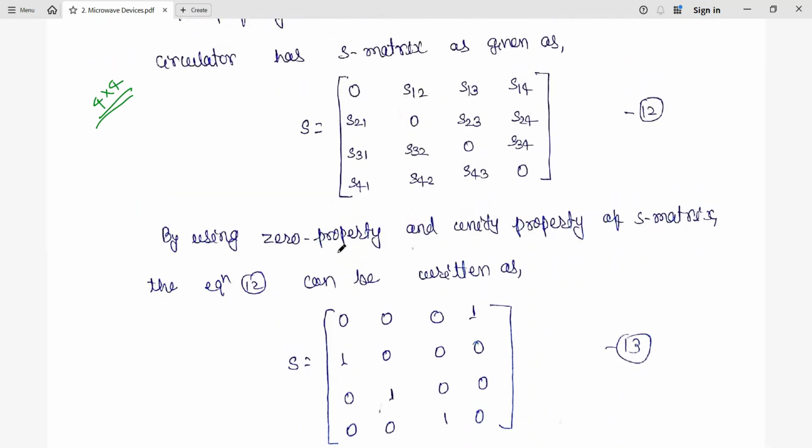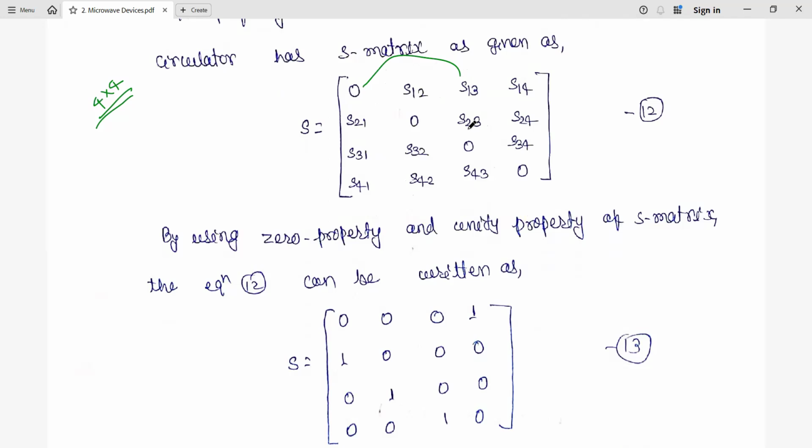The zero property says that one element of one column and the conjugate of the other column's elements, where zero is not possible, otherwise you multiply and add and it will become 0.